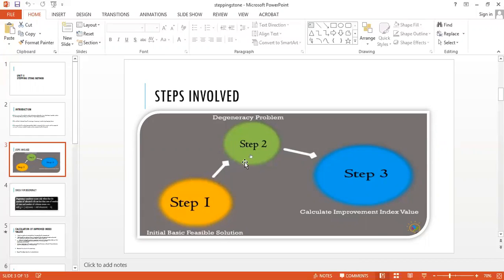If there is a degeneracy, then we have to resolve it before proceeding further. We will study about this degeneracy in later sessions. Now just remember, degeneracy is a condition where we check the initial solution obtained by using the three approaches. And the last step is to compute the improvement index values.